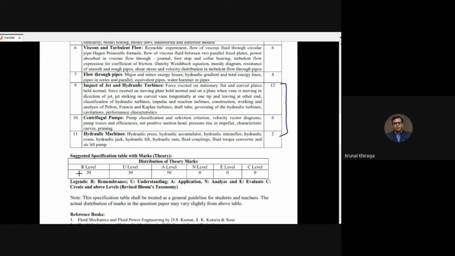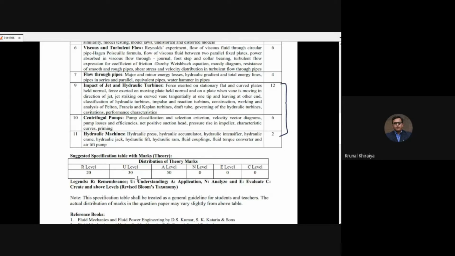If you see here, 50 percent of the mark weightage belongs to application. In application, majorly what things are there? Whatever you have learned or whatever theory cases you analyze, that is how you apply them for the given conditions.